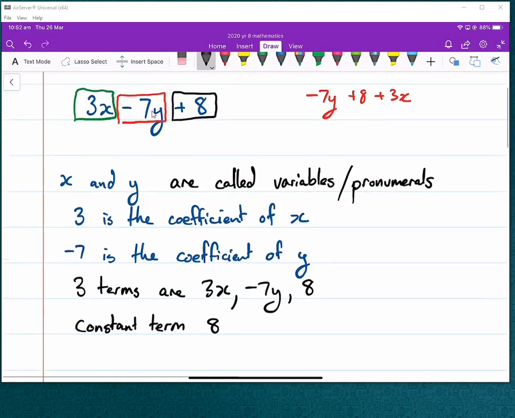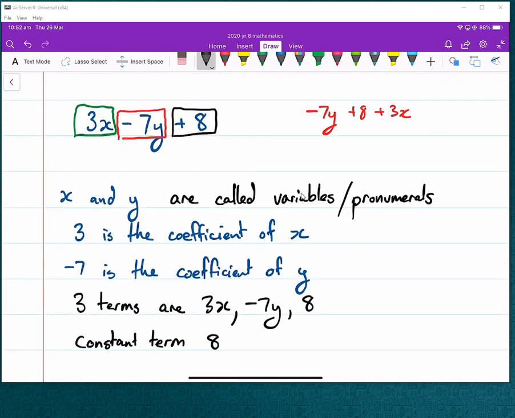It doesn't matter what our pronumerals are. x could be 0 or 1 or 2 or 3, or y could be the same thing. These terms are changing value depending on what x or y are. So they keep changing. However, 8 always stays the same, so we call it a constant term. It doesn't matter what x and y are, we will still always have a plus 8.